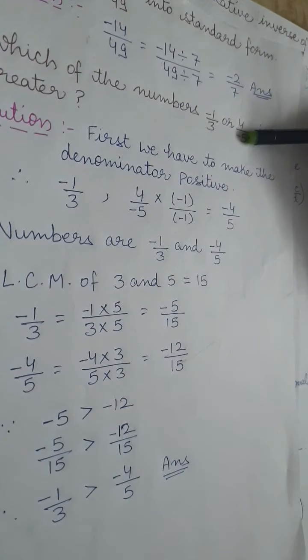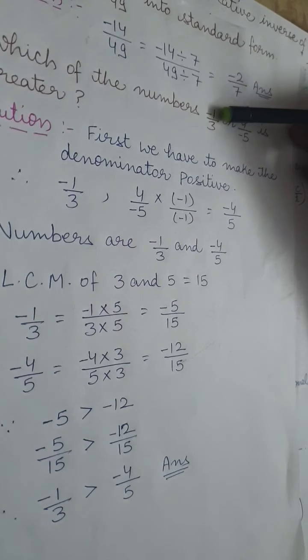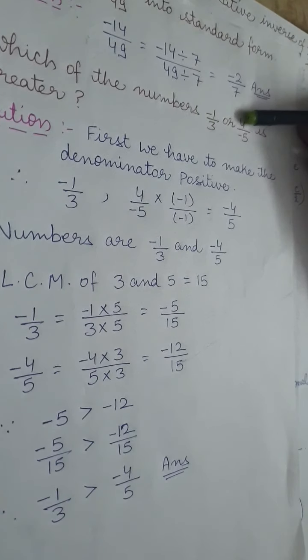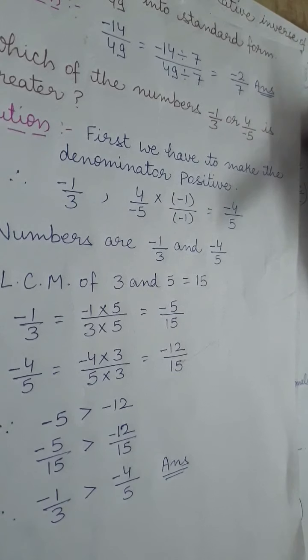And how can it be done? See, in minus 1 upon 3 the denominator is already positive, so we don't have to do anything. Now what about 4 upon minus 5?